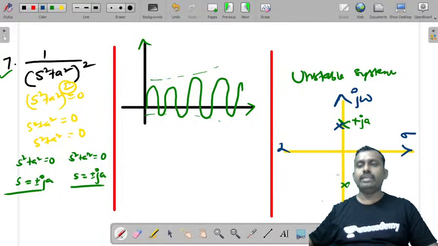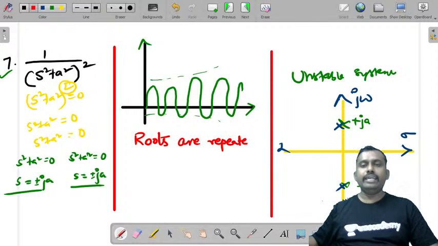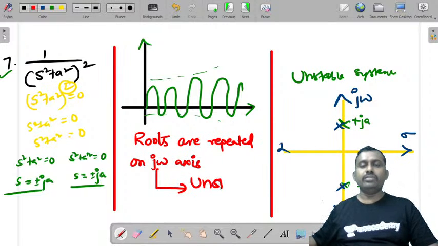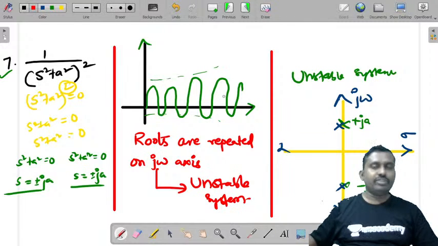Here it is double, here it is double. Now if the roots are repeated on the j omega axis, then it is confirmed that it is an unstable system. Hope this is clear for you.